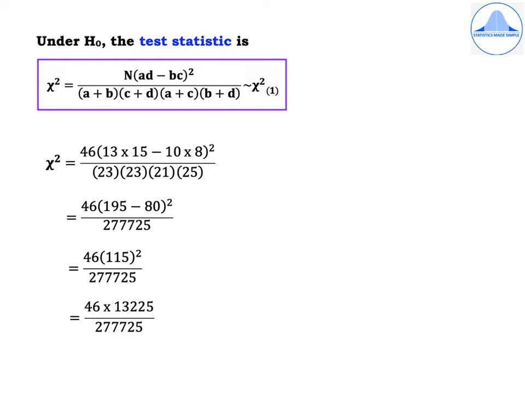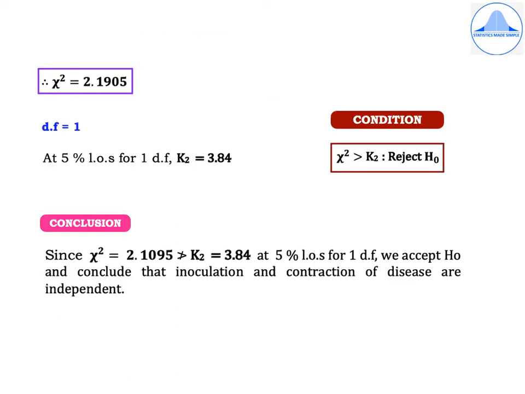So which is equal to 46 into 195 minus 80 the whole square divided by 2,77,725, which is equal to 46 into 115 square divided by 2,77,725, which further simplifies to 46 into 15,225 divided by 2,77,725. So we get chi-square equal to 2.1905.